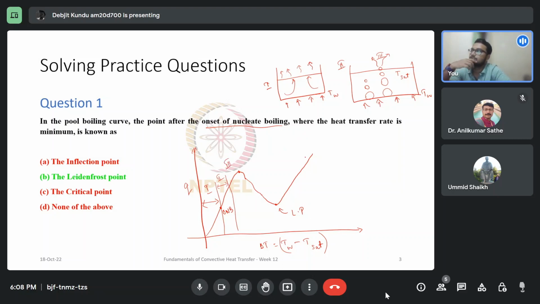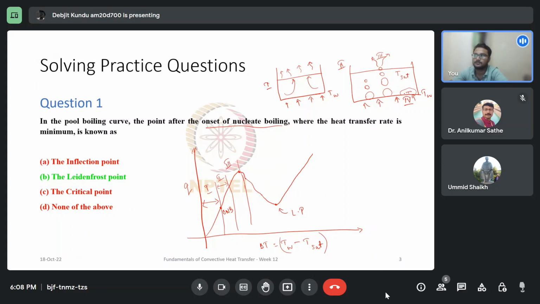This goes on until a critical point where the bottom surface gets filled with more and more blobs of such vapors, and after this the transition begins, where these blobs go on increasing. So this is for case 4.